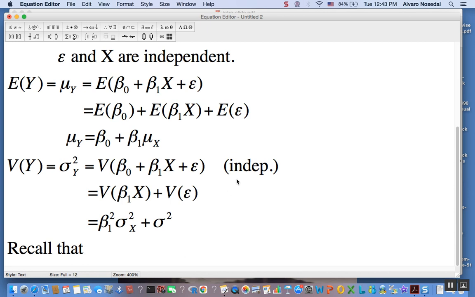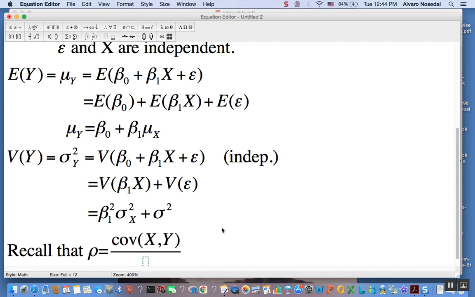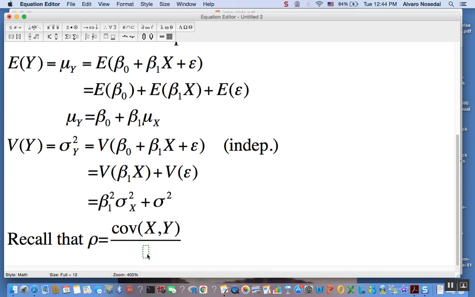So rho is the same as the covariance between x and y divided by sigma sub x times sigma sub y.